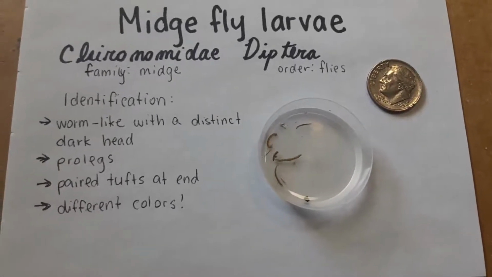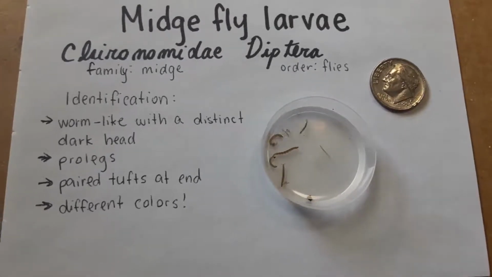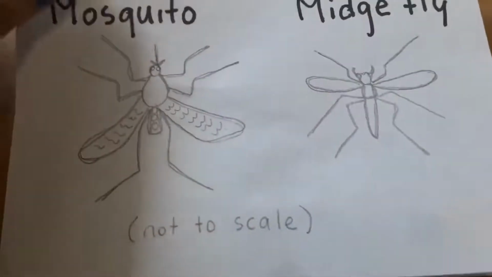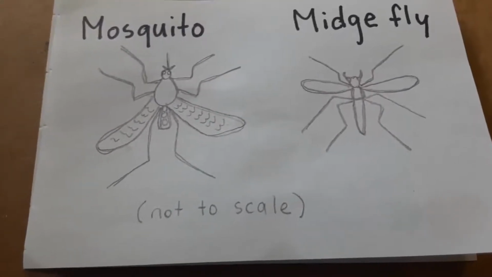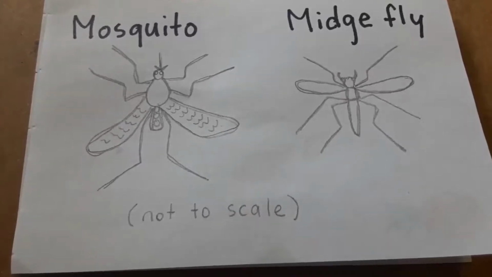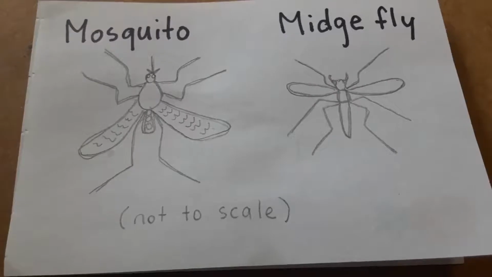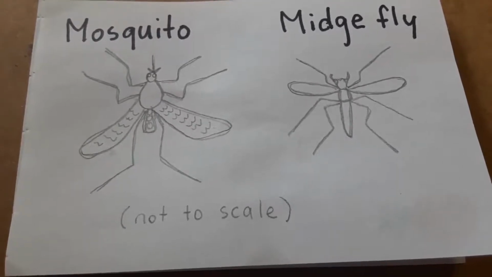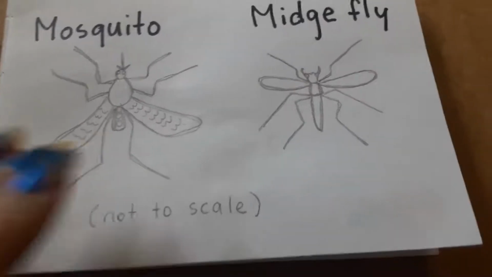When they're adults, so remember this is the larval stage, when they are adult, they are actually a different kind of fly. Midge flies are typically very small flies, and they can be mistaken for mosquitoes a lot. So the difference between a mosquito and a midge fly is, again, midge flies are pretty small.